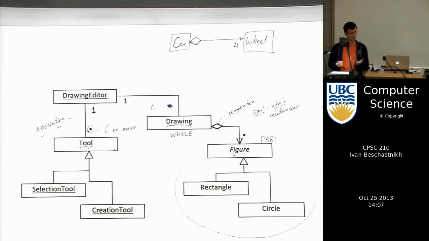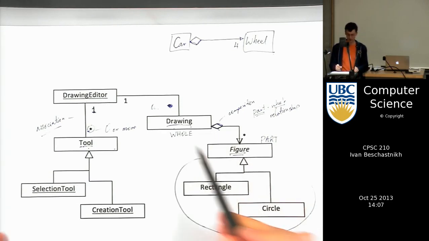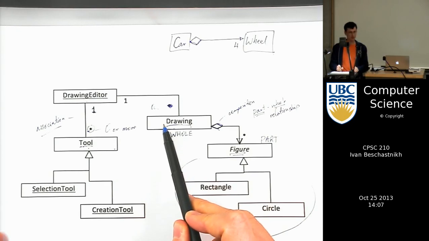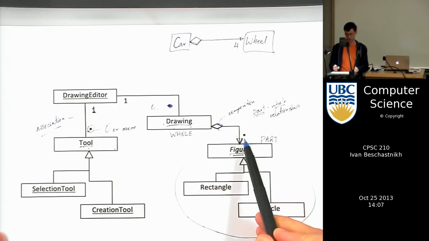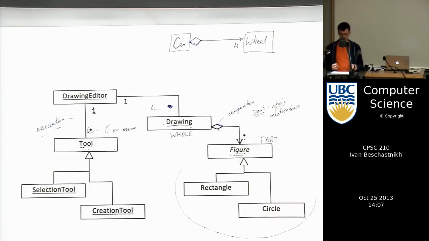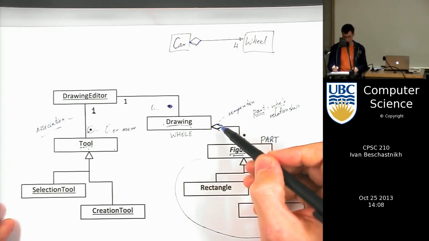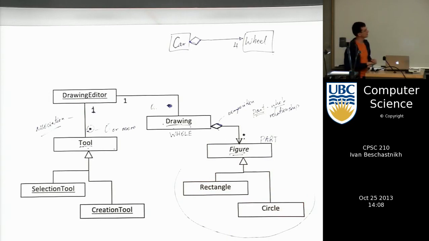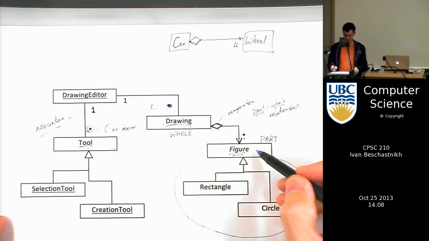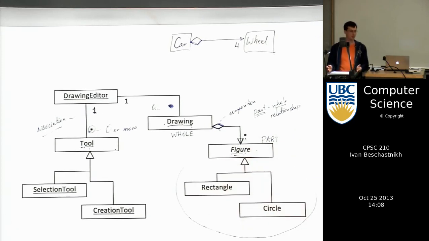And you know it's multiple because you can read it down and you say, a drawing knows about multiple figures, 0 or more. That's what this notation means. So this is a part-whole relationship.